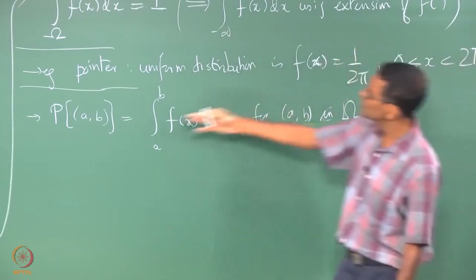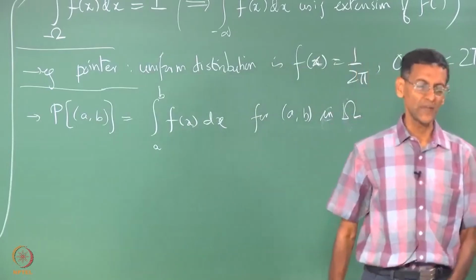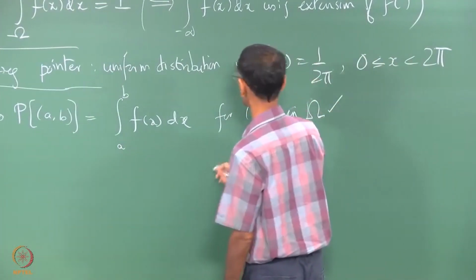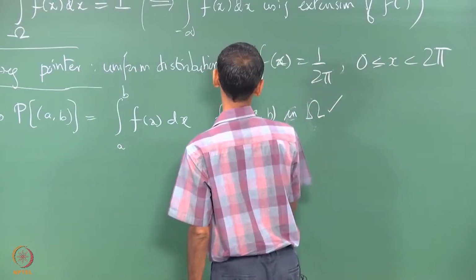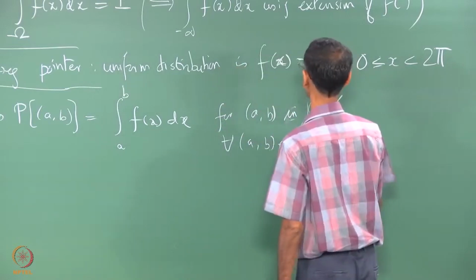But it turns out that using the extended definition, you can take any 2 points a b on the real line. This is true for all a b element of R using extension.